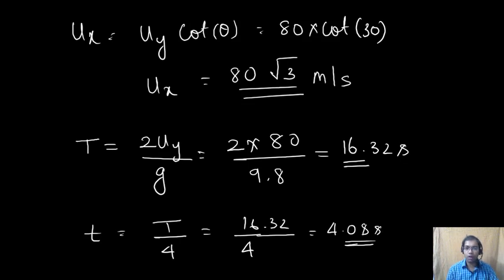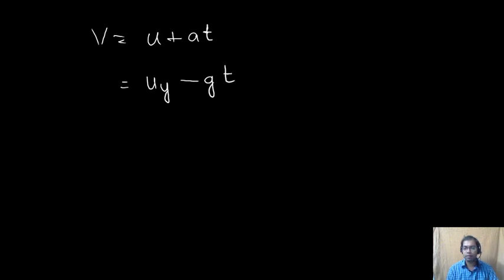Now the idea is to find the velocity for this time. So what we can do is, we have the expression v equals u plus at, and in this case, since we are looking at the y component, I can take this as uy minus gt. The reason for minus gt is the projectile is coming down, right, during the total time of flight.